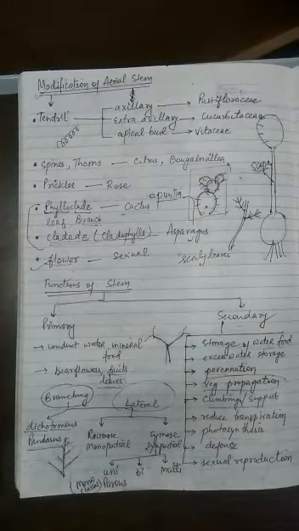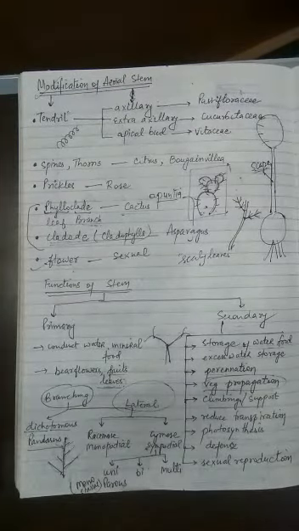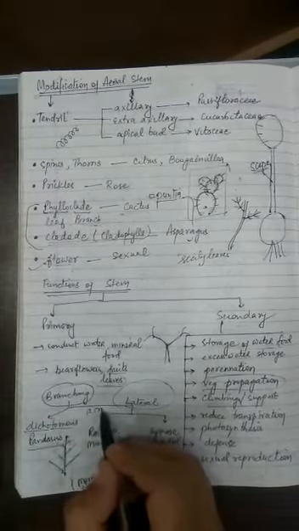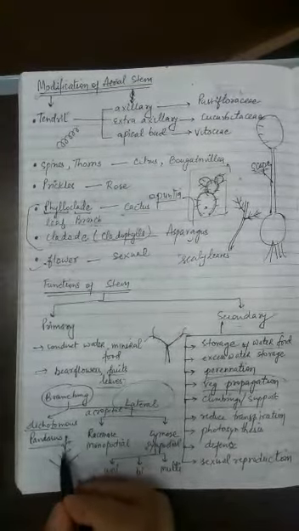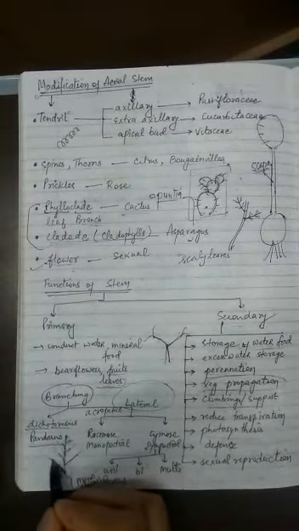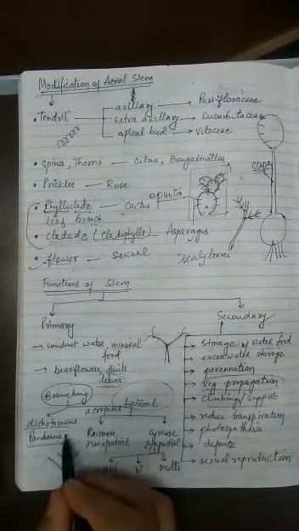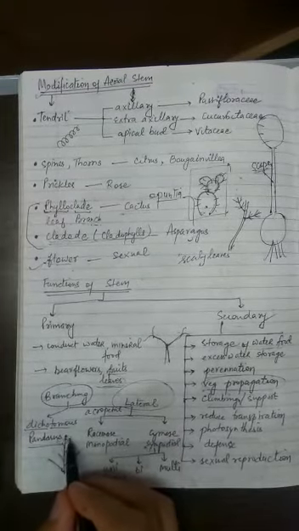So in the racemose you can say that their main stem continues to grow indefinitely by the terminal bud. So there will be a terminal bud here, and branches are produced in the acropetal manner. Now what is acropetal? Try to understand this word. When we say acropetal, that means the branches are arranged in such a manner that the lower branches are older and the top branches are younger. Reason is there will be buds present here in the axil of the leaves.